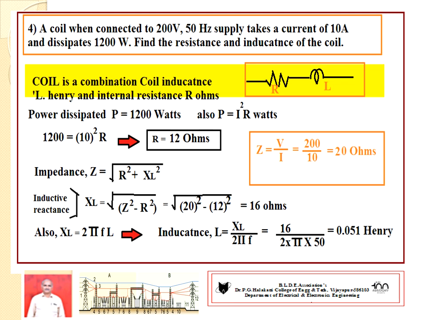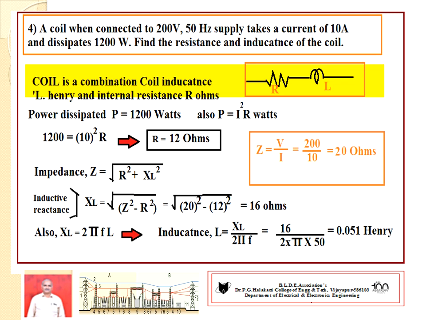The coil dissipates power due to its resistance effect. Already we have derived in the RL series circuit, power consumed is also due to the resistance effect.